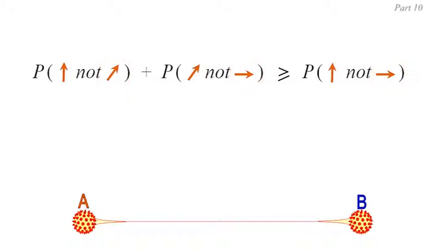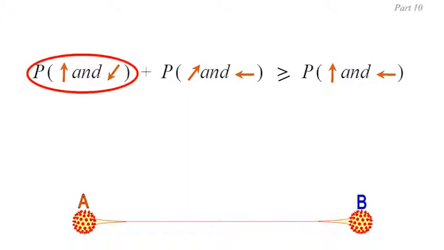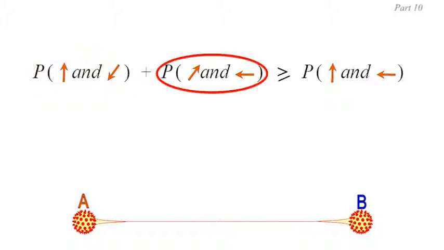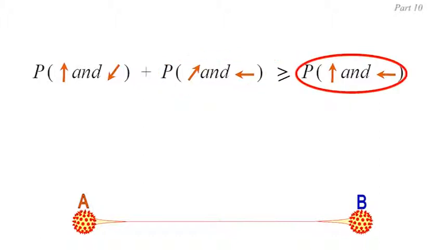In other words, Bell's inequality in probability form for entangled electron A can be written as the probability for up and down at 45 degrees plus the probability for 45 degrees and left at 90 degrees is greater than or equal to the probability for up and left at 90 degrees.